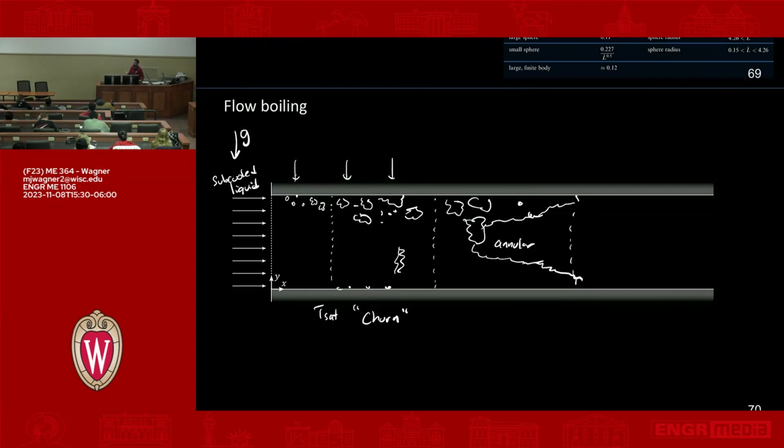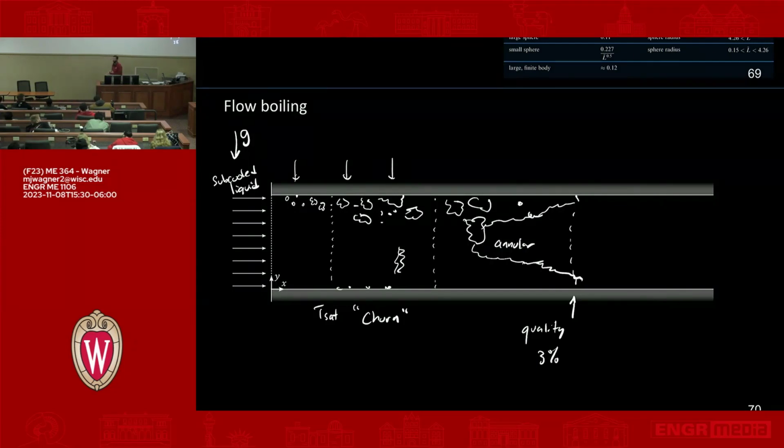And one of the interesting things here is this point where you have annular flow developed, let's say right here, corresponds to a quality, a mass fraction of vapor, of about 3%. Maybe a little surprising. So if 3% by mass of my fluid is vapor, I have annular flow.